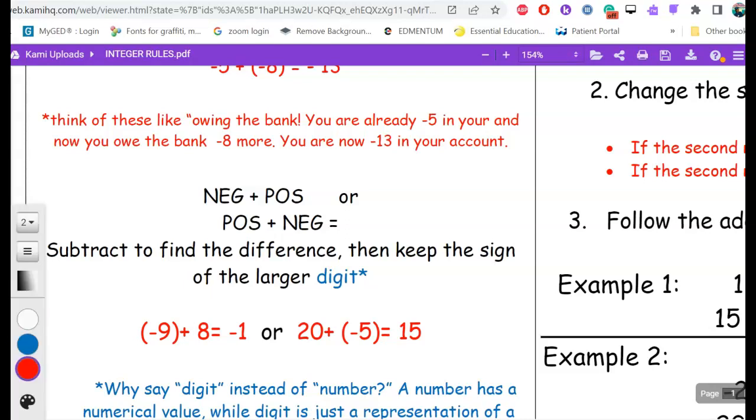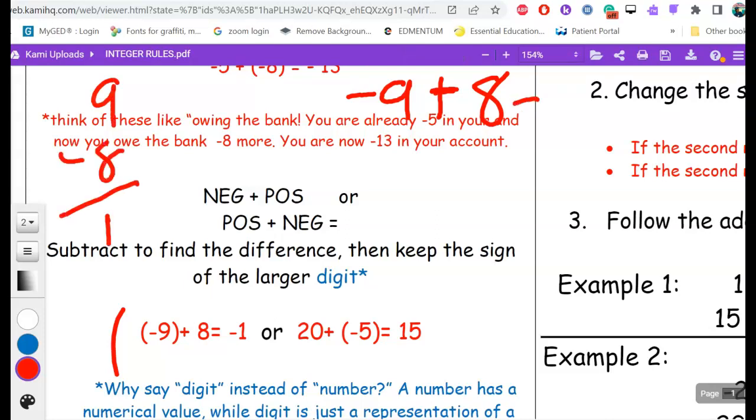So for instance, like the one that I have down here, I have a negative 9 plus a positive 8, okay? First thing I'm going to do to find the difference is subtract them, right? So if I subtract 9 minus 8, I have 1, don't I? 1. Then the second part says, keep the sign of the larger digit. What digit is larger? Here's the key.